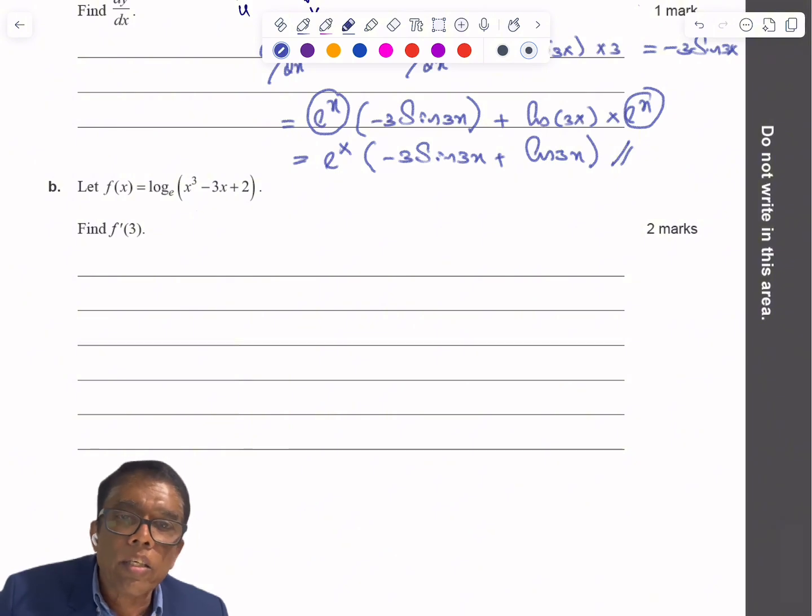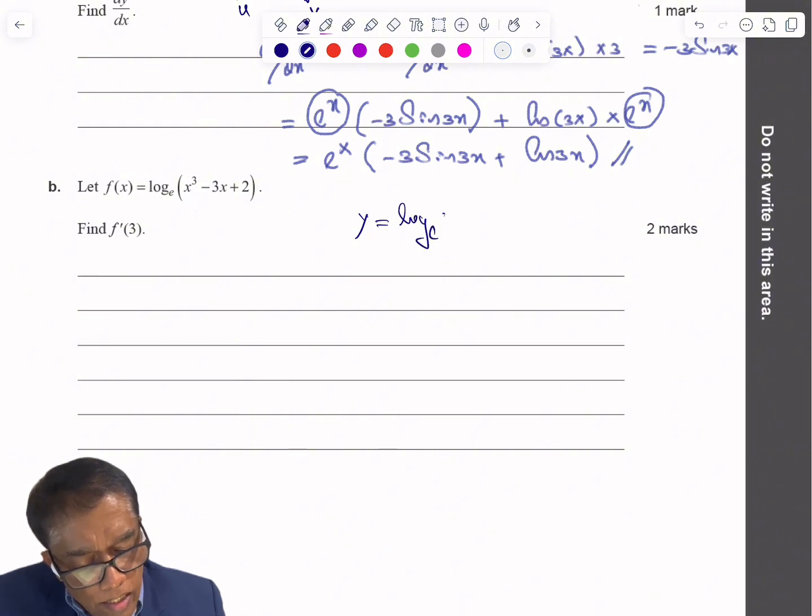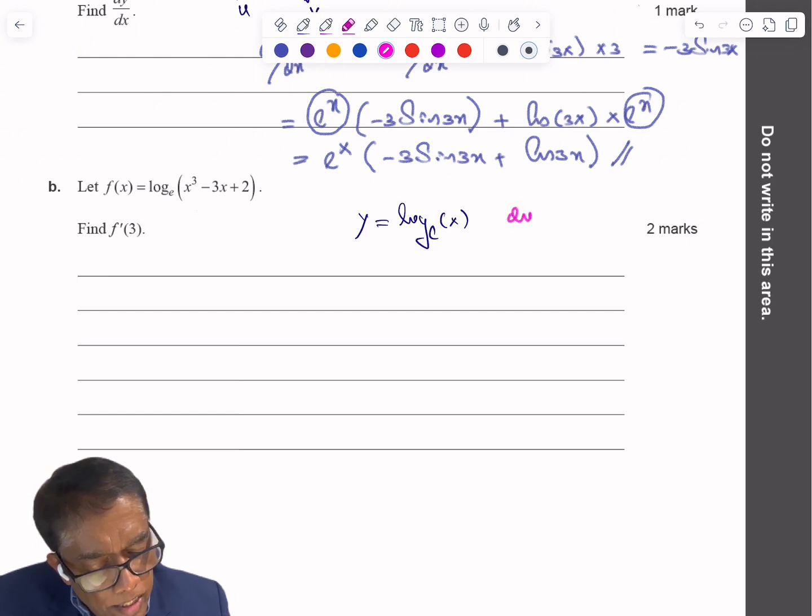Okay, question number 2 is related to differentiation, the differentiation of the logarithmic function, or the log function. The base is e. We know that if y is equal to log_e x, then dy/dx is 1 over x.